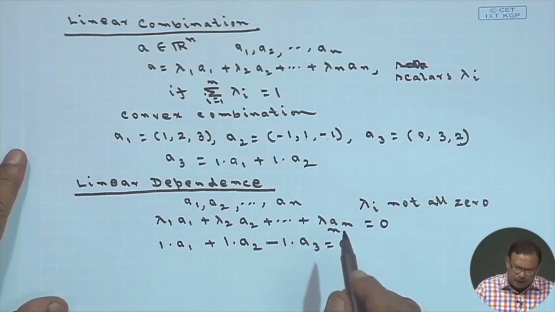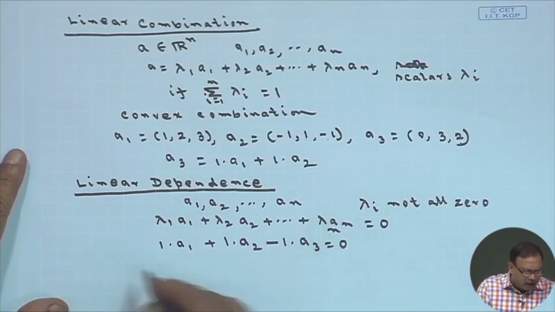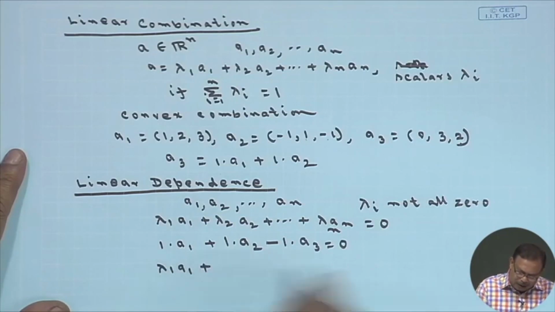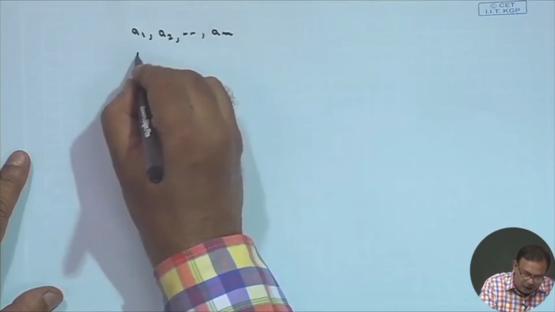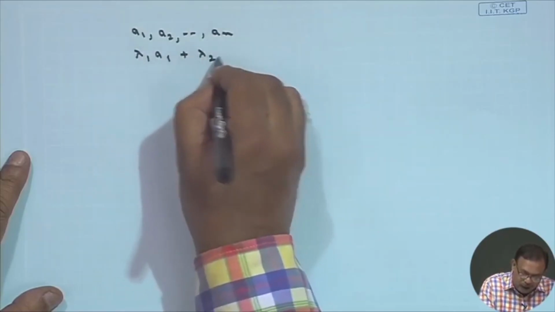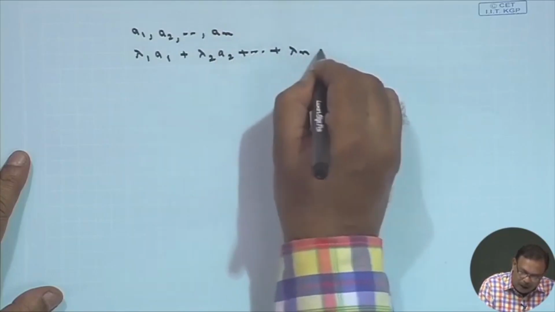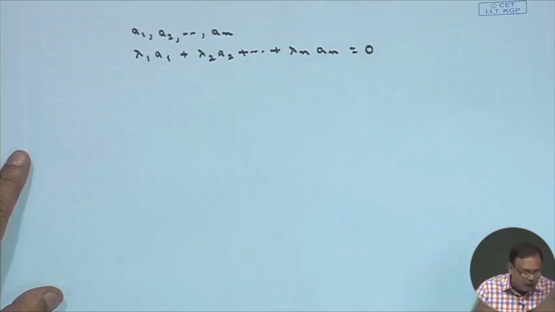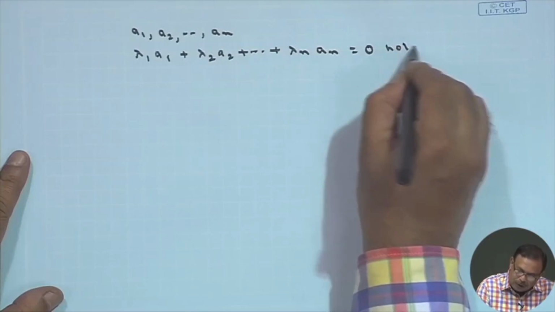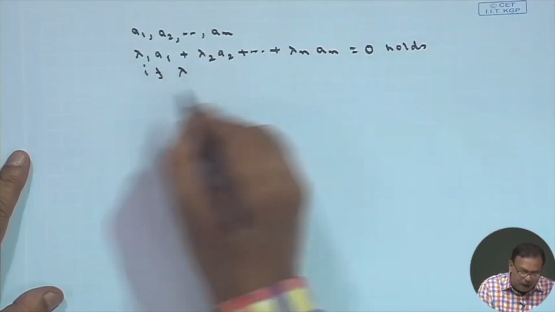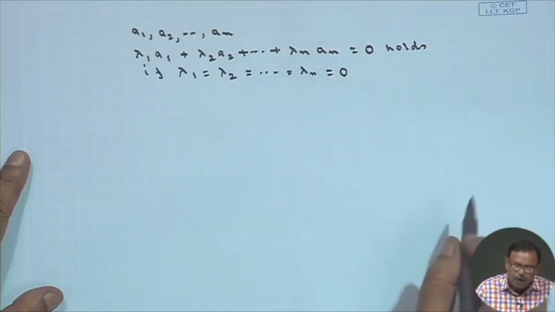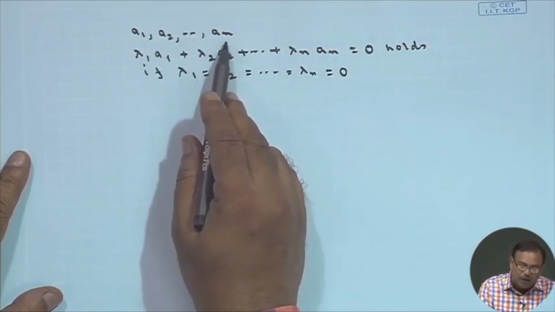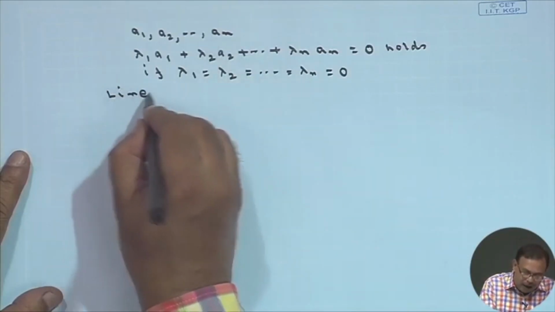On the other hand, if you have n vectors A1, A2, ..., An, and lambda 1 A1 plus lambda 2 A2 plus lambda n An equals 0 holds only if all the lambdas vanish, that is lambda 1 equals lambda 2 equals lambda n equals 0, then we say that these vectors A1, A2, ..., An are linearly independent.